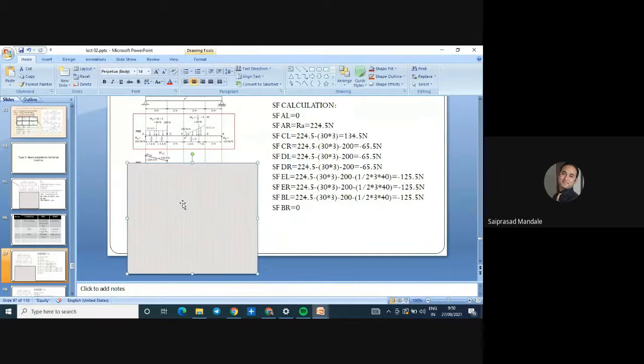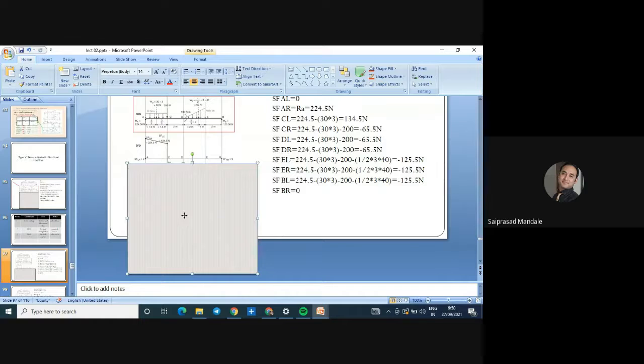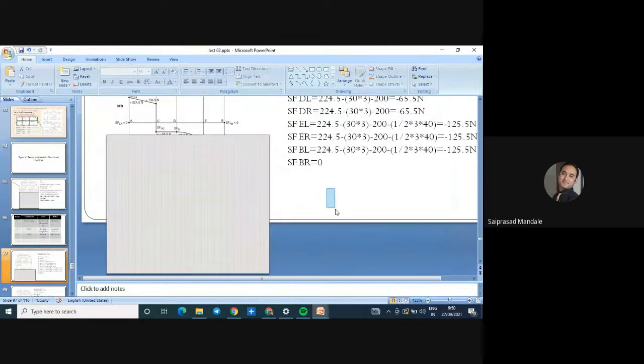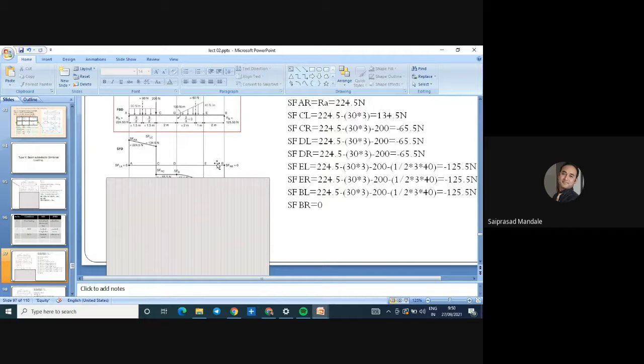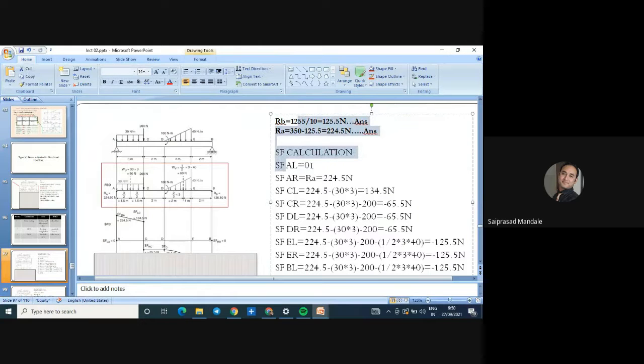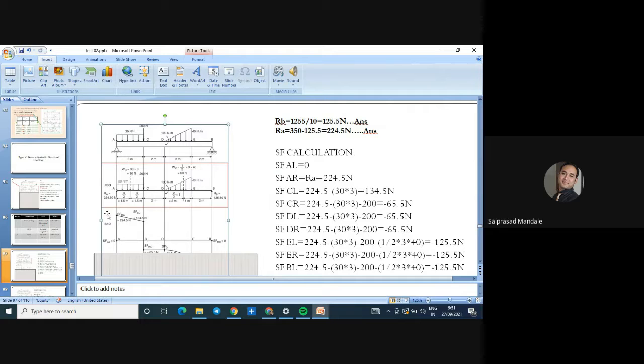This is the loading diagram. Look at this. This is the baseline, zero line. And the values are: SF left of A is 0, so here it is 0. SF right of A is 224.5. I'm just plotting the points. First point is here. We have to only plot the points first initially.